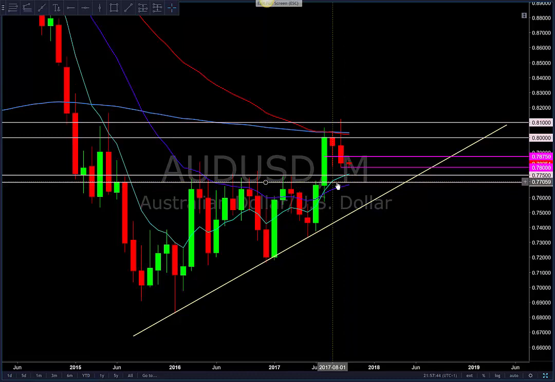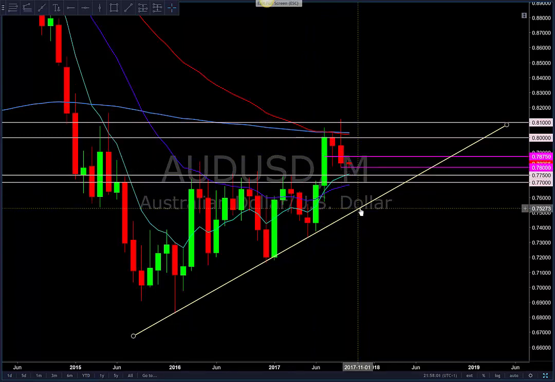So the likelihood of it being able to sell very deeply back into this zone, it's not that it's unlikely, but it's more likely to find a well-defended support level here than it is to keep selling down to the trend line.